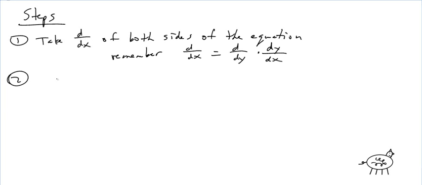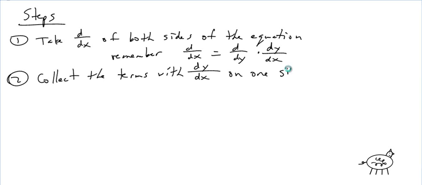The second step is you're going to collect the terms with dy dx. After we actually take the derivative and we have our dy dx left over, you're going to collect those on one side of the equation.